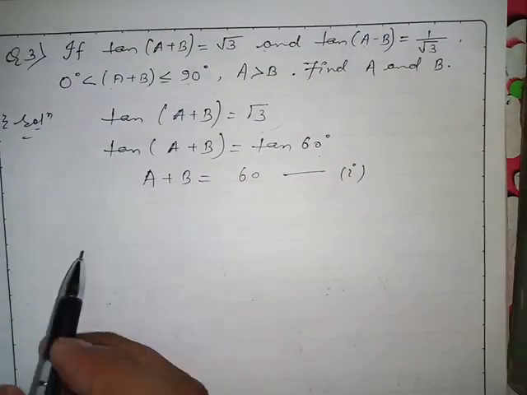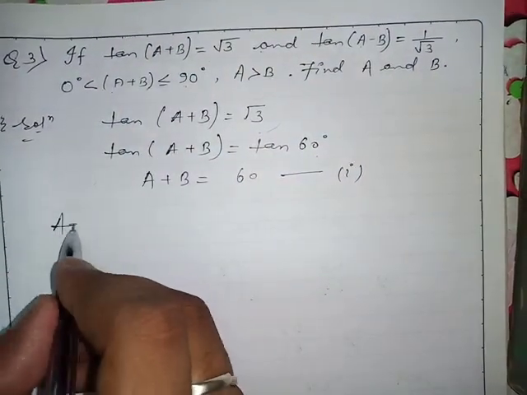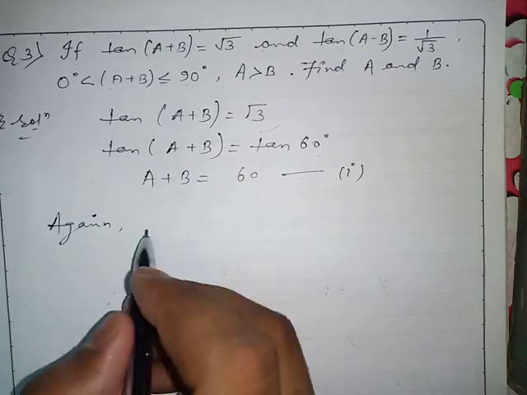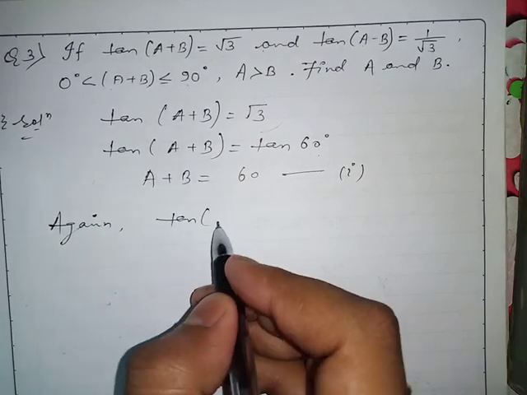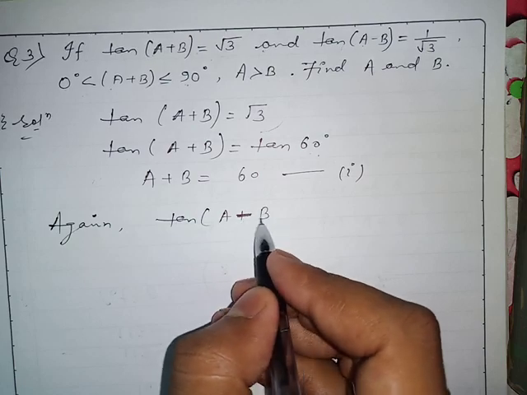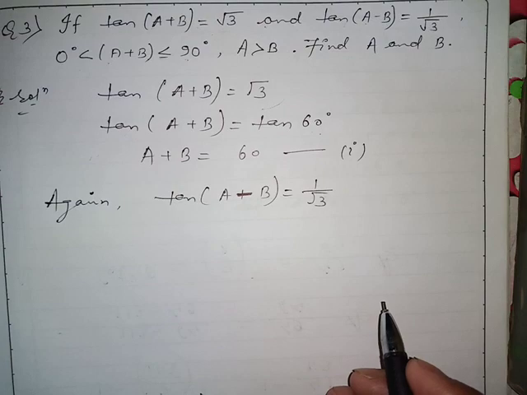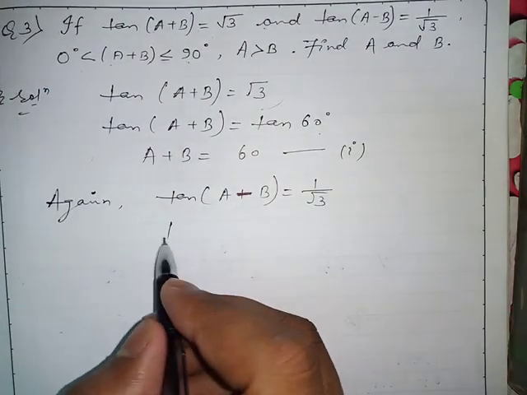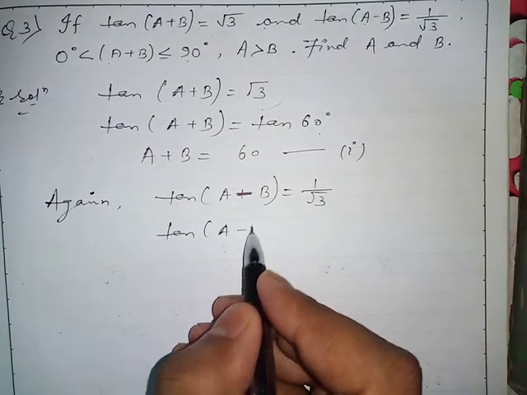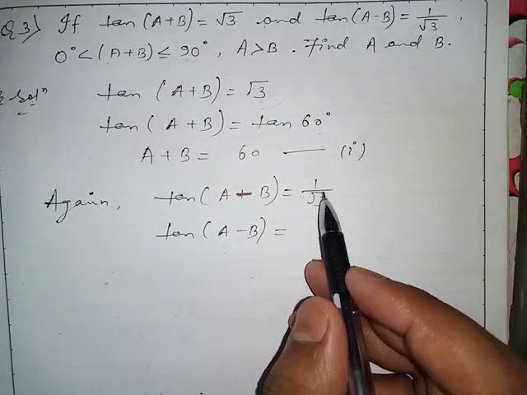Okay, in the same way it is given that tan(a minus b) is equal to 1 upon root 3. So I can write tan(a minus b) is equal to, we all know the value of tan 30 degree is 1 by root 3.